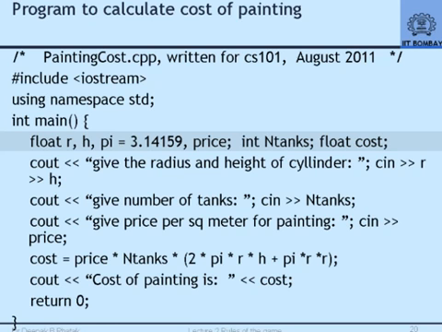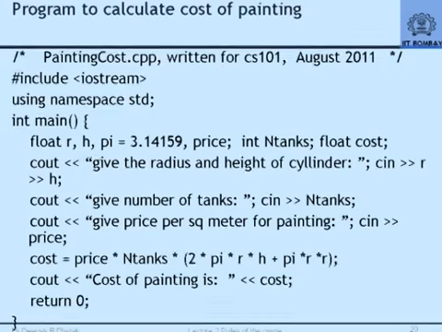There is an additional thing that we are seeing here. Not only is the name pi being declared here, asking C++ to reserve a floating point location for it, but it is also being initialized with a value, so that I do not have to give that value as an input, or create a separate assignment statement during program execution. Such initializations are permitted in C++. The subsequent statements are a series of cout and cin statements.